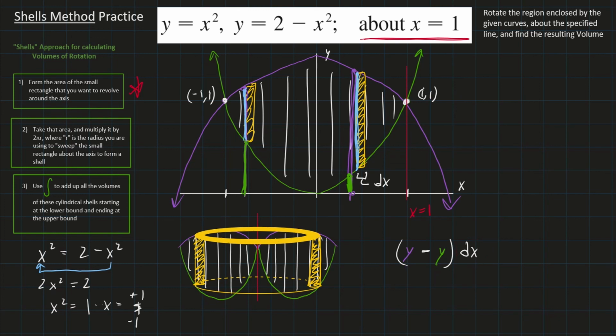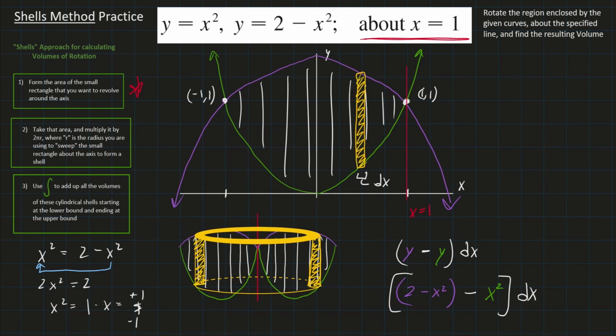So the equation that gives me those purple y's, 2 minus x squared, minus, where's the equation that gives me those green y's, x squared, whole thing getting multiplied by dx. Alright, there's our area.